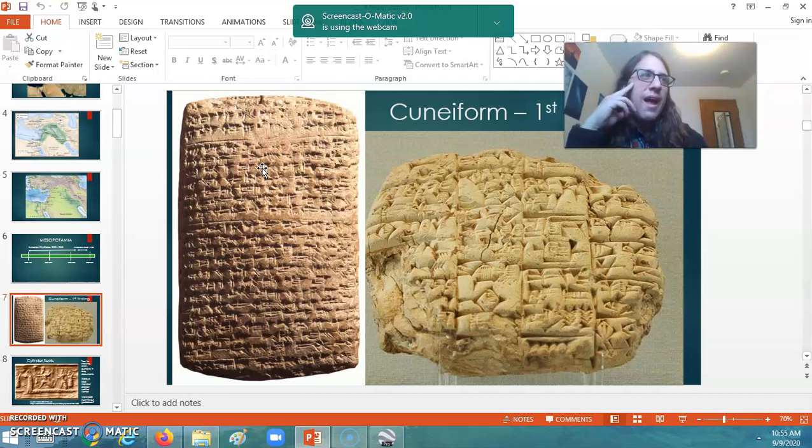So like you'd have in your barnyard, you would say 3 sheep, and you would make like 3 little sheep heads. And eventually those sheep heads evolve, instead of drawings, into this writing system where you're representing the sounds of the language instead, using these little simple marks. So it all gets simplified and it turns into this. So that's a pretty cool achievement in human history, and it means that we can understand a lot about these cultures and learn what they valued and what they were concerned about and what was important to them.